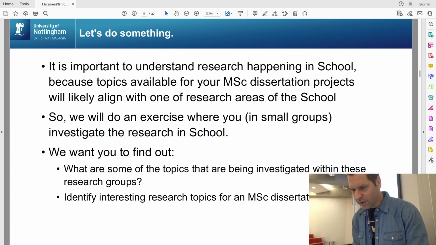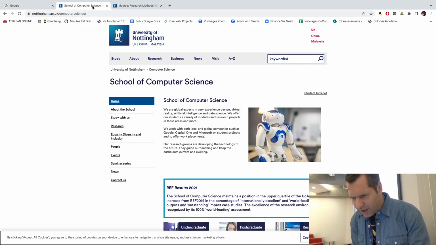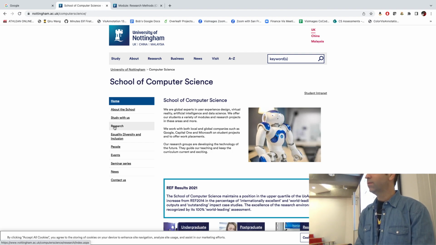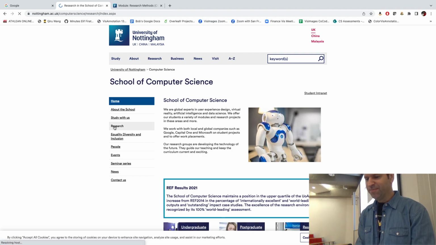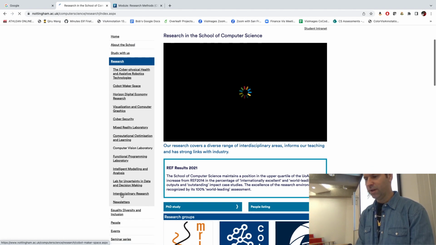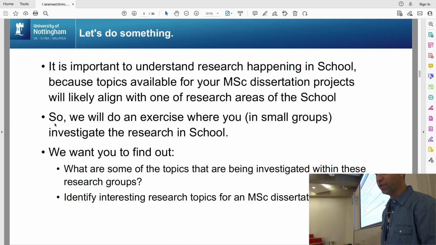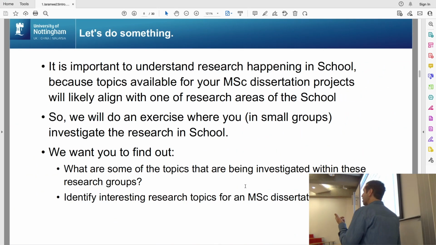We go here, School of Computer Science, and then we click on Research, right, to do this exercise. And then we look at the different directions, right? Identify interesting research topics for an MSc dissertation, which you're all going to be working on, or a PhD, right? Because they overlap. A good MSc topic could also be a good PhD topic.